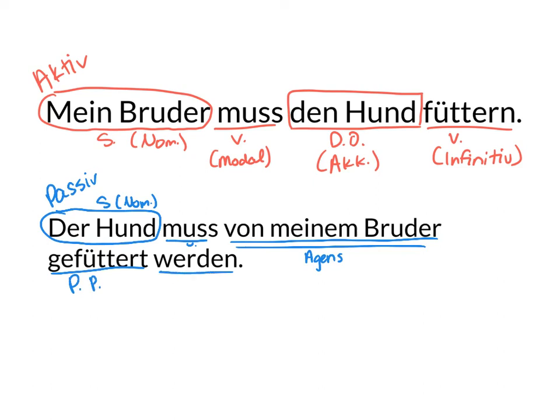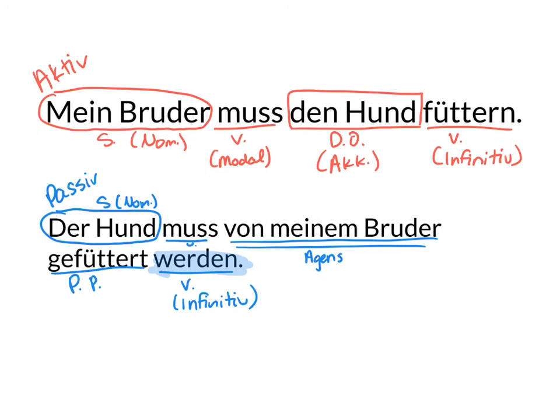Gefüttert is the past tense like you would expect, but now at the end, werden becomes the infinitive. So we just add werden to the end of it, because when you have a modal verb, your verb at the end has to be infinitive. So in this case, because it's passive voice, we just put werden at the end, and that's it.